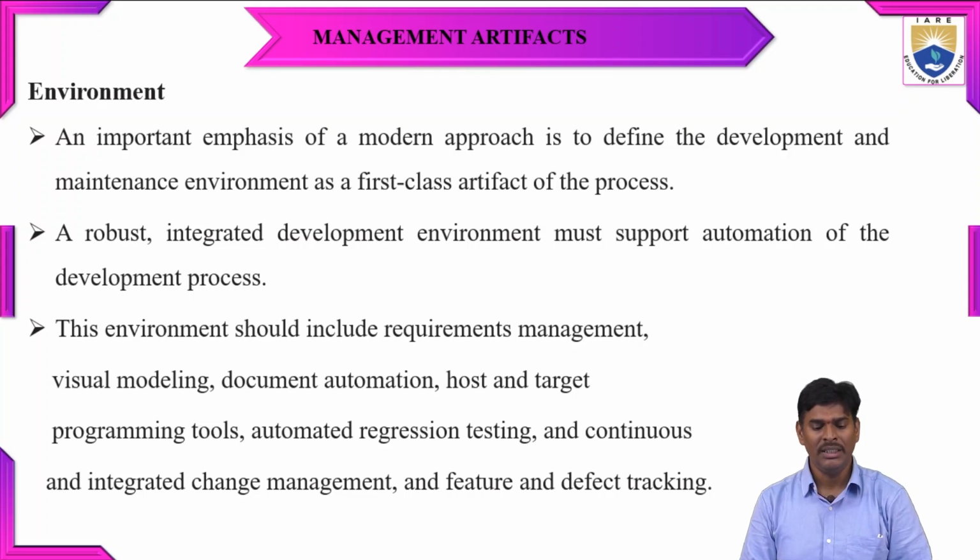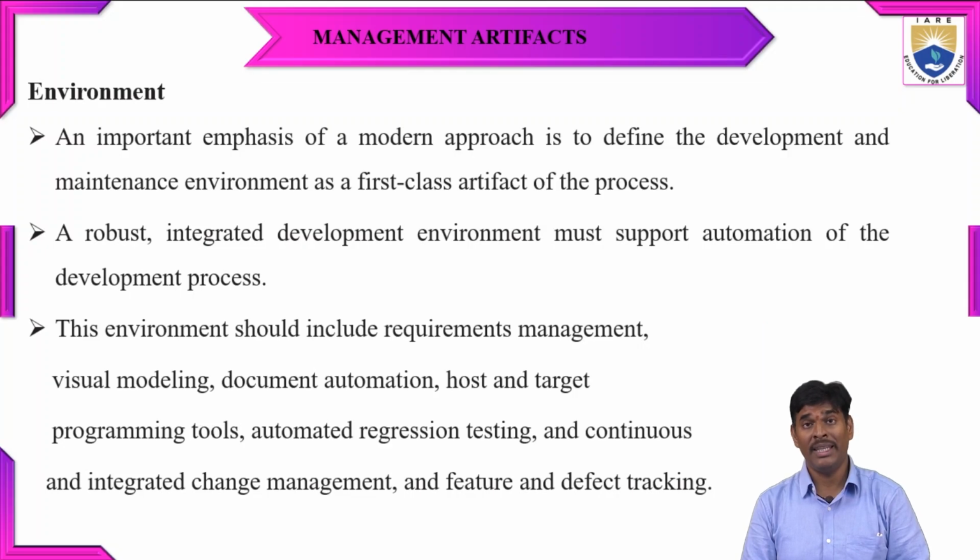The first important emphasis of a modern approach is to define the development and maintenance environment. After completion of the deployment, we need to check the development and maintenance environment. They need to provide good maintenance for the artifacts of the process, so that we achieve a robust software development process in an automated manner.